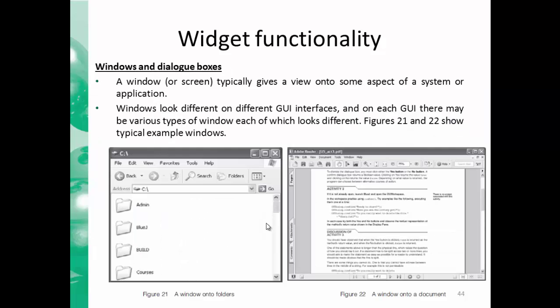A very important and basic widget is the window or the screen, which typically gives a view into some aspects of the system or application. Windows have many appearances. In this slide, we show two different types of windows.